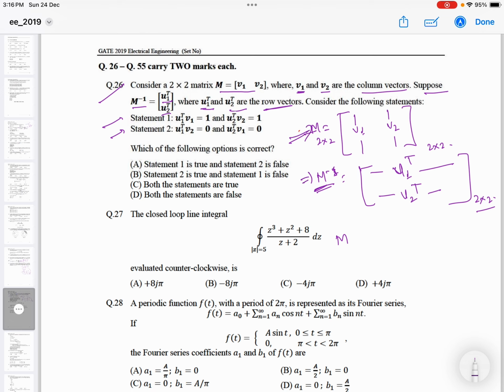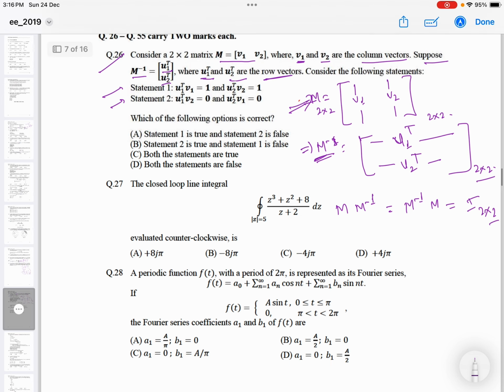If you multiply both ways, you are going to get the identity matrix of 2 by 2, right? So you pick this one and write this M inverse, which is nothing but u1 transpose and u2 transpose, right? And now you put here M, which is v1 and v2, and you do the simple multiplication.